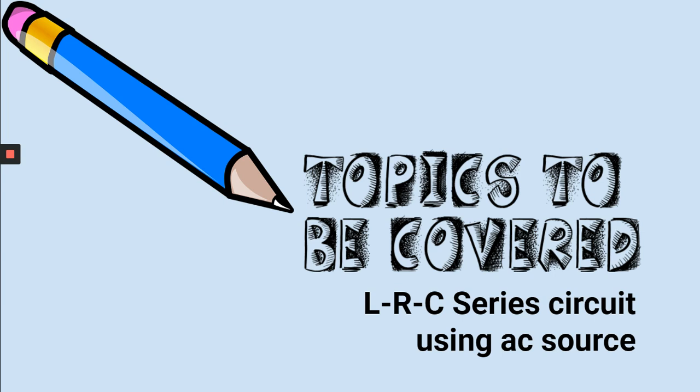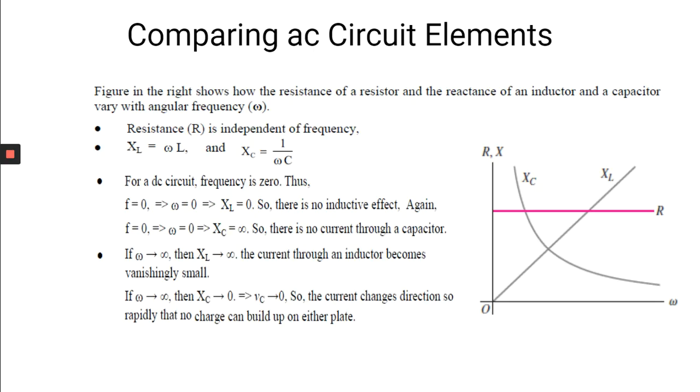Accordingly, we named these the underdamped, critically damped and overdamped circuits. We also compared this to damped mechanical oscillation. So in this case, we'll discuss when all three are connected.